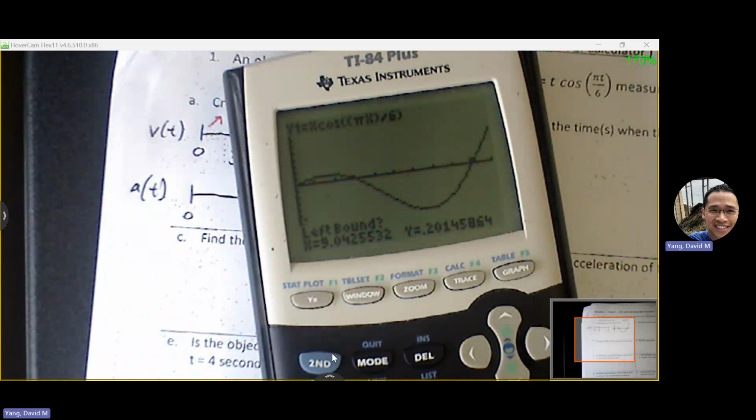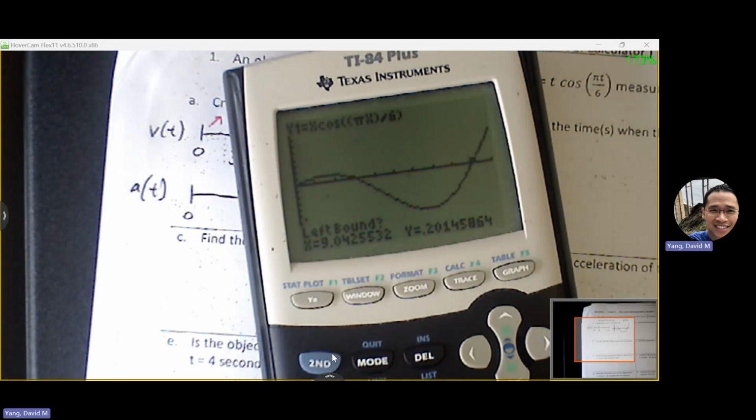So you're going to scroll your cursor to the point, because ultimately you're trying to find this point, but you're going to make the calculator do it for you. So you're going to pick a point to the left of the relative max. And then hit enter, it's going to ask you for a right bound. Then you're going to scroll to a point on the other side of the max, hit enter again. And now the calculator, hit yes, the calculator is going to actually look for that max for you.